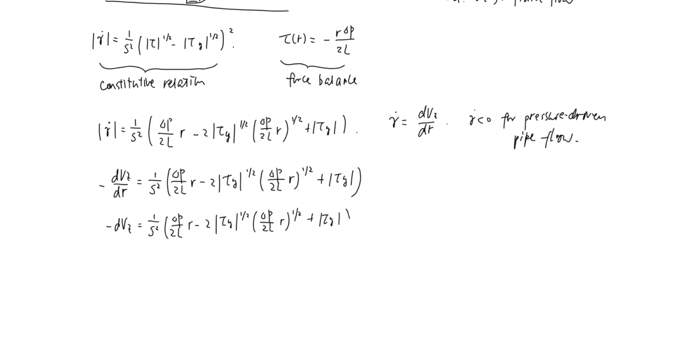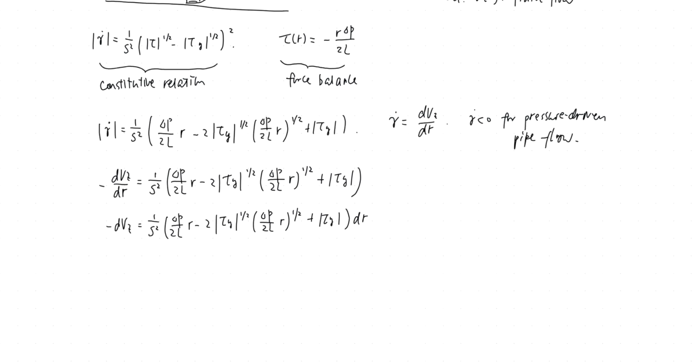The separated variables. Now we integrate it, and not from 0 to r, but from little r to capital R. The reason we integrate from little r to capital R is because we know the boundary condition at capital R, and then we want to know the velocity at any position little r.